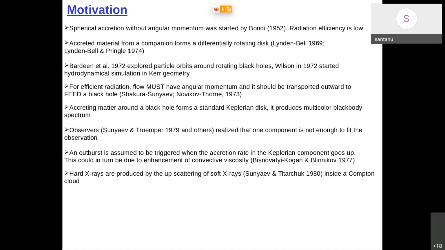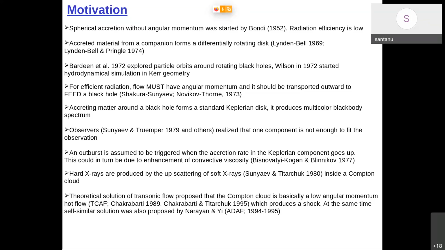As the Keplerian disk cannot explain the observed data fully, Sunyaev and Titarchuk, from their solution, found that hard X-rays are needed to explain the observation. So, along with soft X-rays coming from the Keplerian disk, hard X-rays are also needed, which are mainly coming from the inner region of the disk, which is very hot.